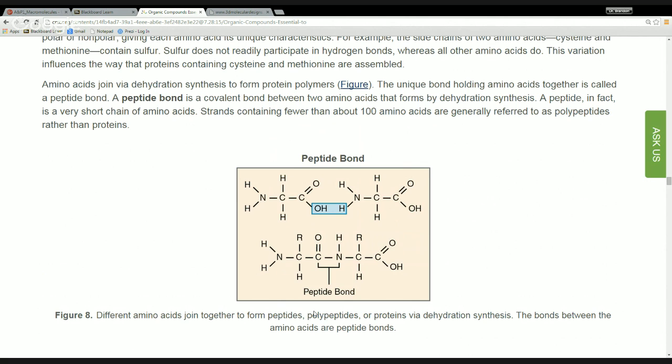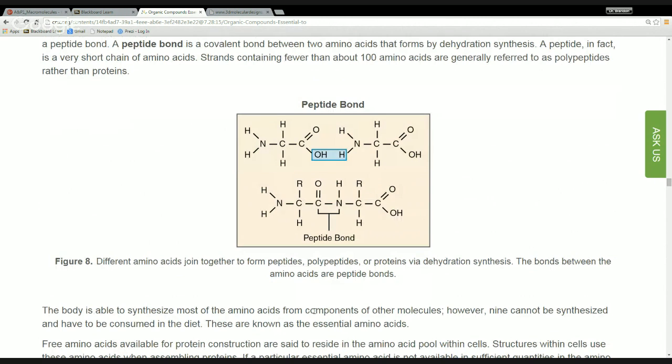This picture shows how two amino acids get bonded together. So here we have two amino acids. Here, for some reason, instead of putting an R, they just left an H, which would be fine, except that in the next one, they've put an R in there. So don't get thrown off by that.